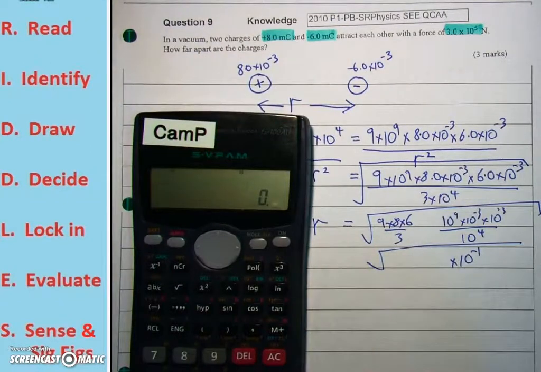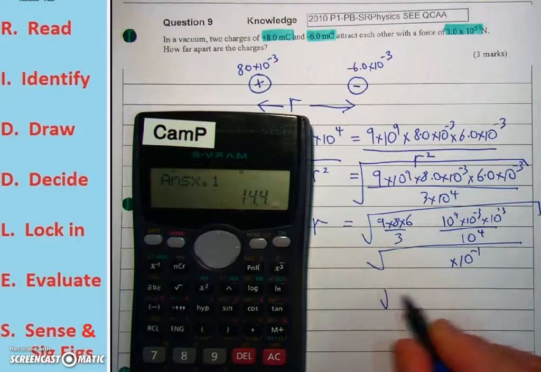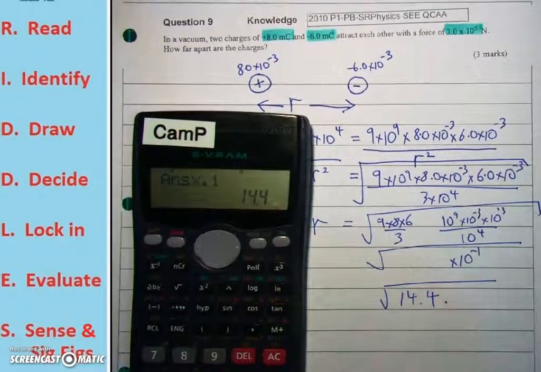Let's do this again. 9 times 8 times 6 divided by 3 equals, multiplied by 10 to the -1 is 0.1, and I'm taking the square root of 14.4. Have I got that right?